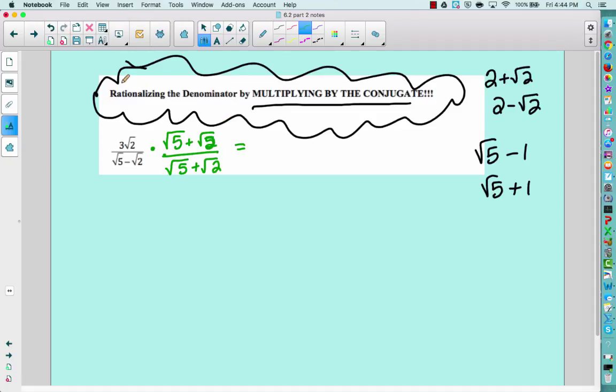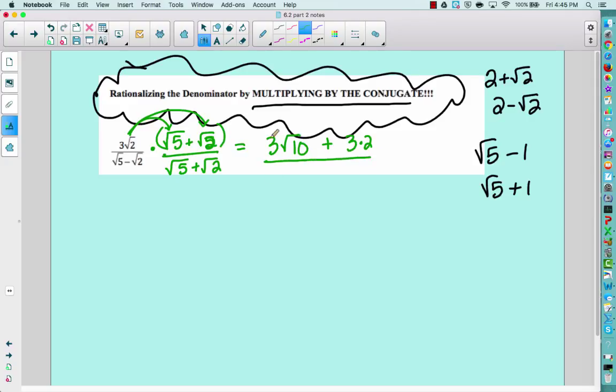Then I multiply across. All right, so the numerator, I'm going to put it in parentheses to help. I'm going to distribute. It's not binomials anymore. So 3 root 2 times root 5 gives me 3 root 10. 3 root 2 times root 2 gives me positive 3 times 2, because root 2 times root 2 is root 4, which is 2.